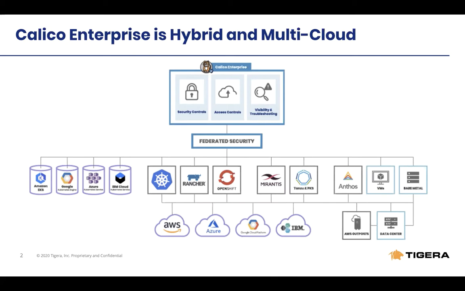At the foundation of everything that we do, as I mentioned, is Project Calico. Project Calico is an open source project. It's maintained and developed here at Tigera, and it's been one of the most widely adopted networking implementations and network policy providers for Kubernetes. It's used in hundreds and thousands of clusters around the world.